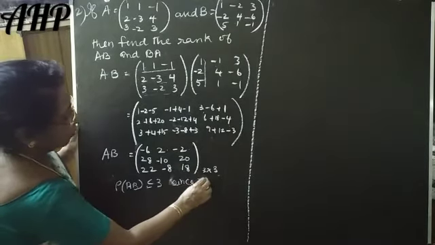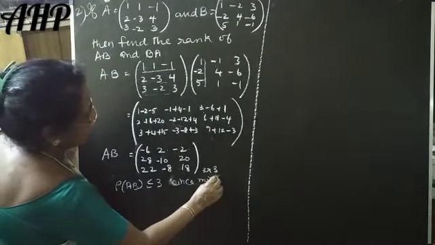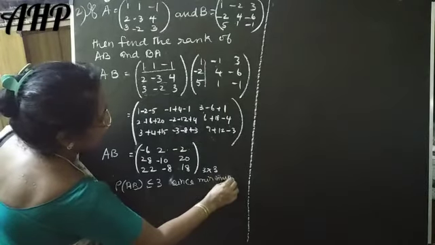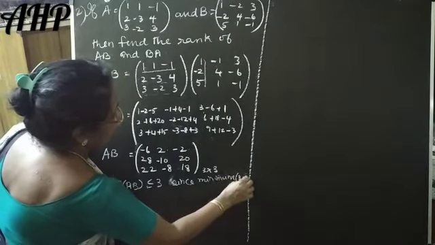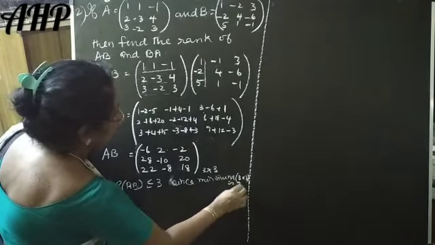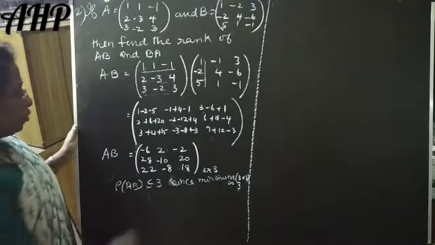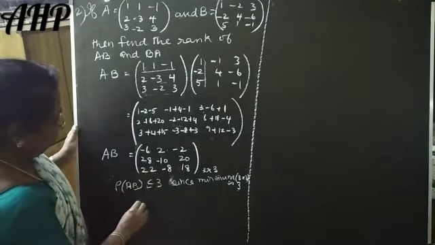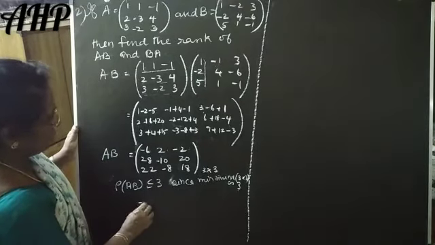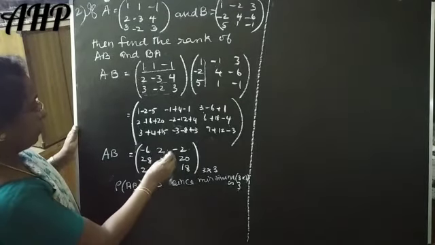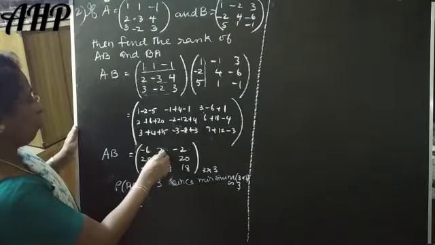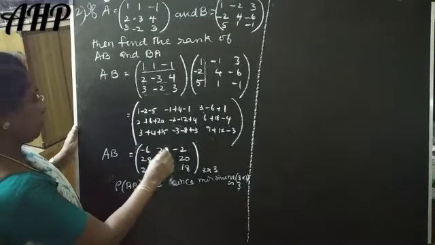We are going to make the elementary transformation to get this in echelon form. So we can take 2 common outside from this matrix. We can bring the second column to the first place and the first column to the second place.